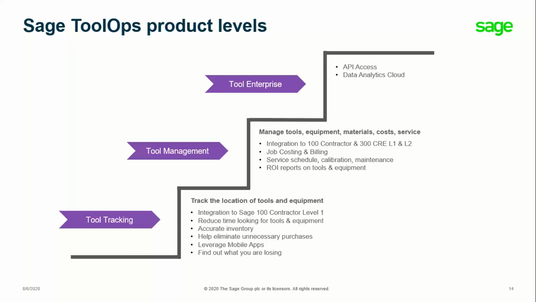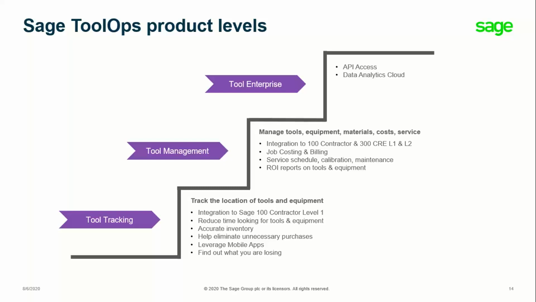You'll have the ability to set up service reminders, calibration, routine maintenance. It's going to pop up and say, have you completed this? It's going to provide you with OSHA documentation on things you're doing, as well as an ROI report that says, hey, we are making money every time we buy a skid steer, or we're losing money on our scissor lifts. It's going to show you all that information.